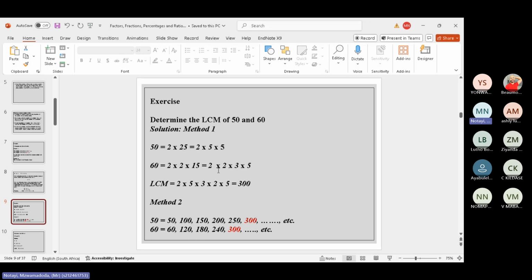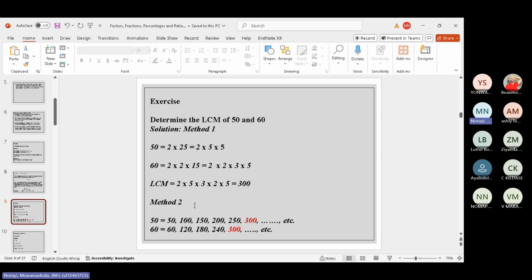And then we have 2 multiplied by 3, and then 5 has already been written. So it will be 2 times 5 times 5 times 3 times 2. So when you multiply all those, you get 300.